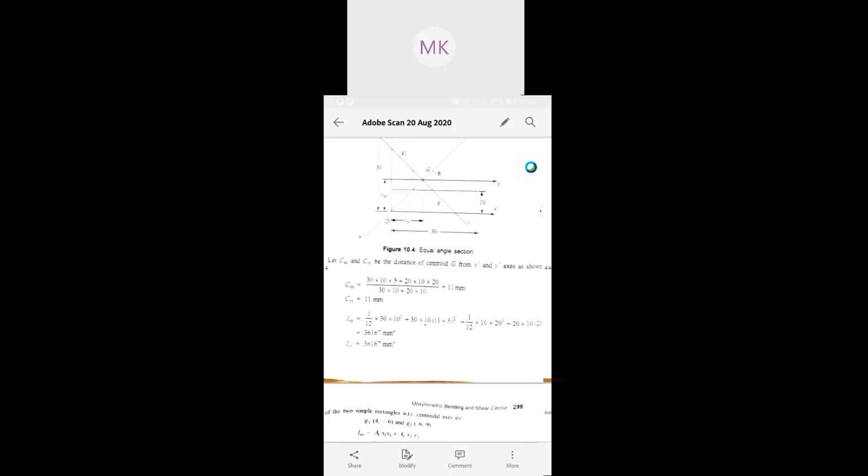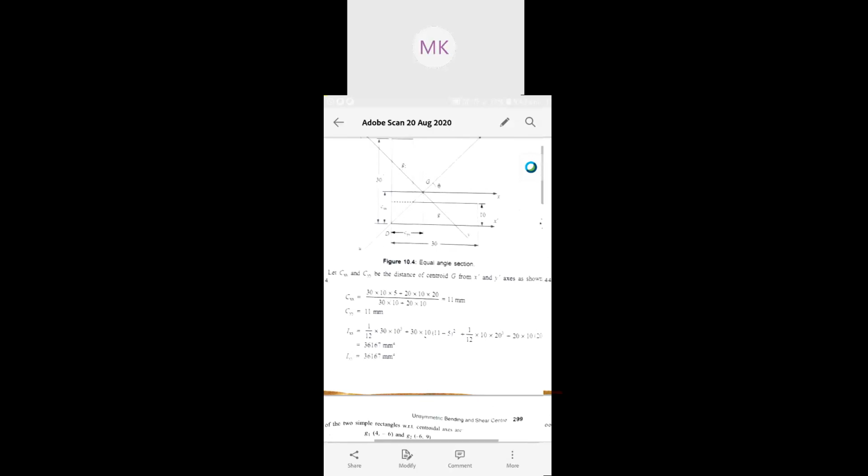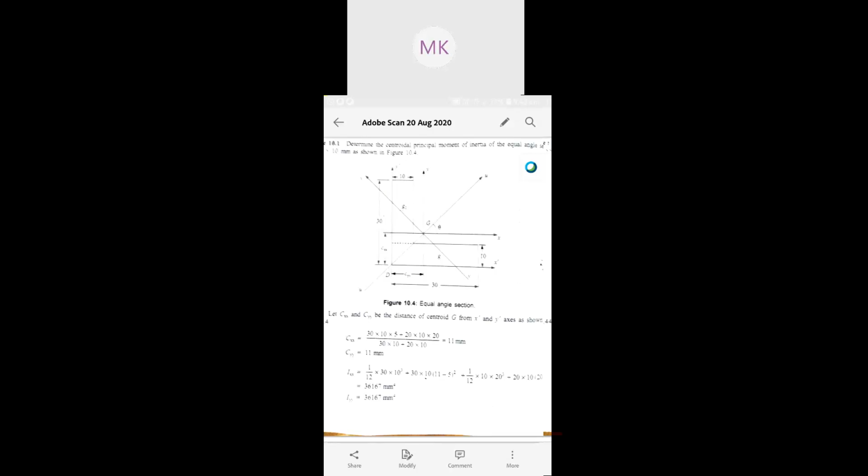Is it okay till now? After drawing that, we can say that our x and y axis are at a distance of 11 mm from the section. In the figure at cxx and cyy, we have drawn the x-axis and y-axis. Now this is our actual axis.